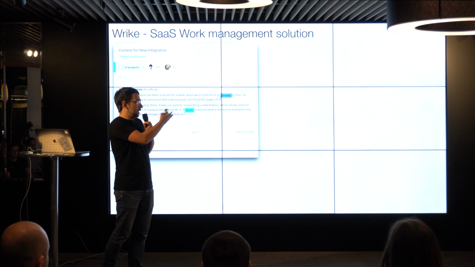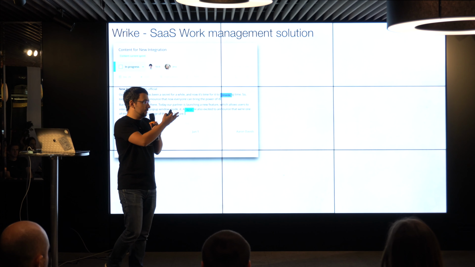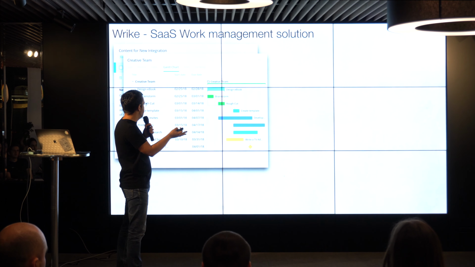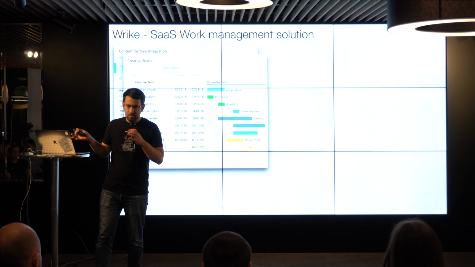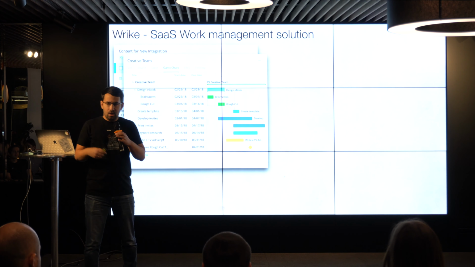For example, we have tasks we can edit together. We have different software for planning. We have a Gantt chart and all that stuff for big managers that coordinate huge teams in our product. There are different ways of representing tasks: a calendar, a table view, a board view, and other things.